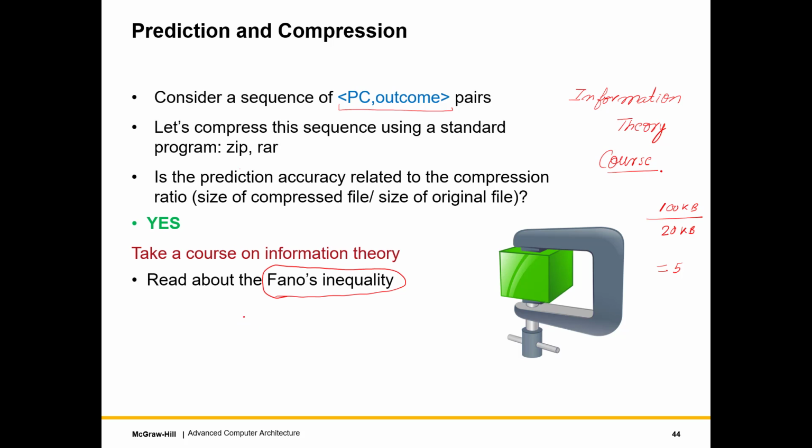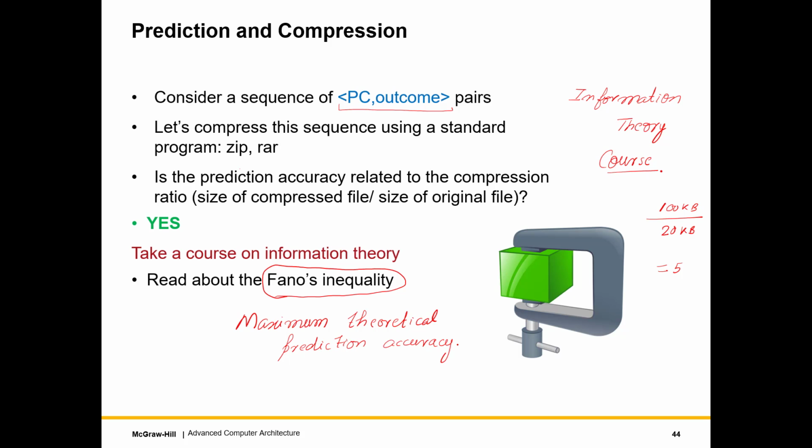That maximum is related to the compressibility of the sequence, and the mathematical result that stands for this relation is Fano's inequality. So this is the maximum theoretical prediction accuracy, which can be given by Fano's inequality.